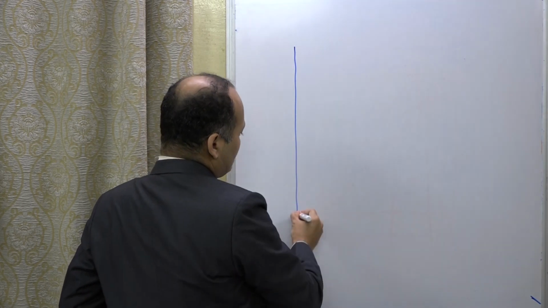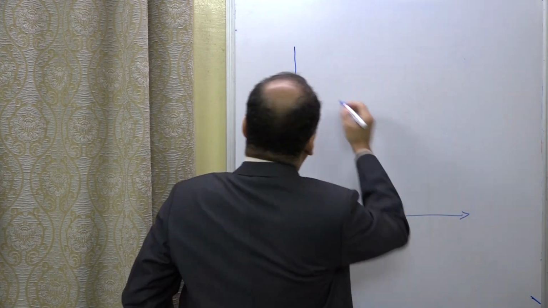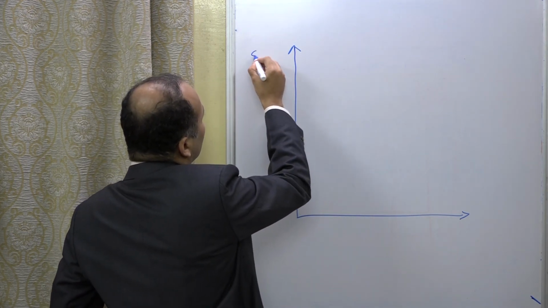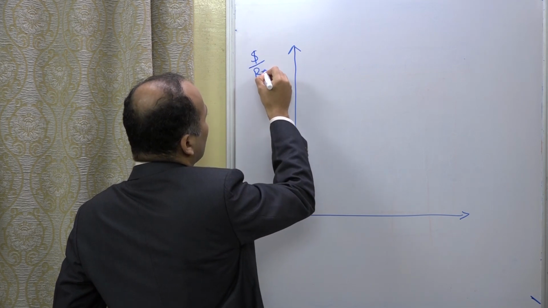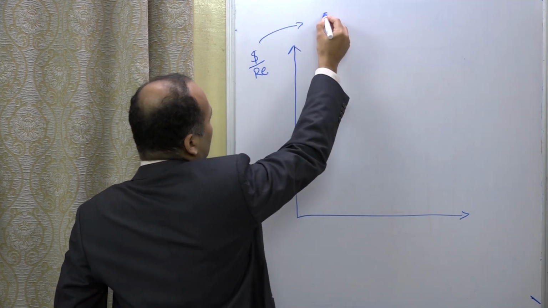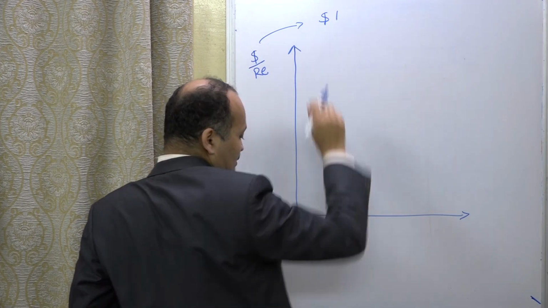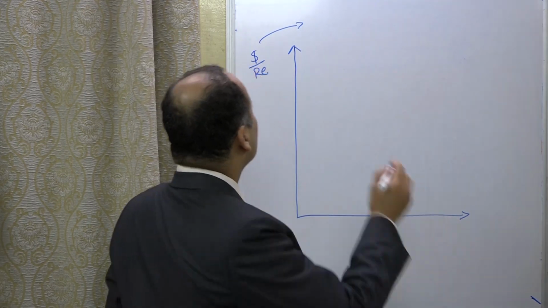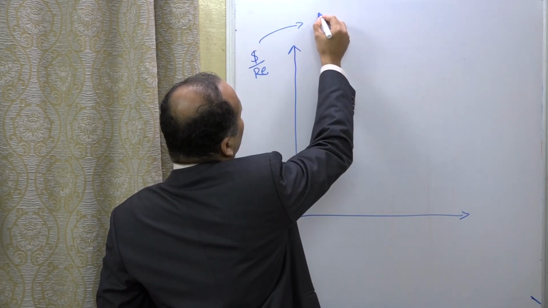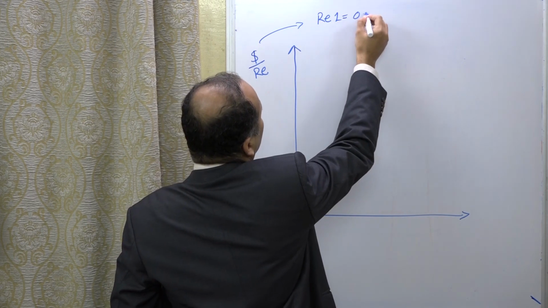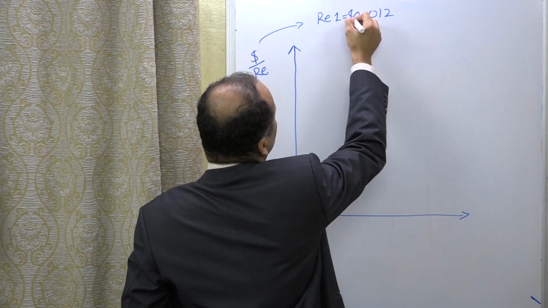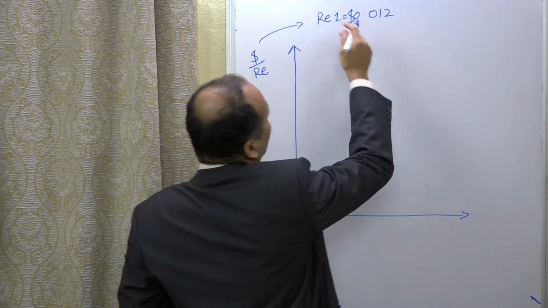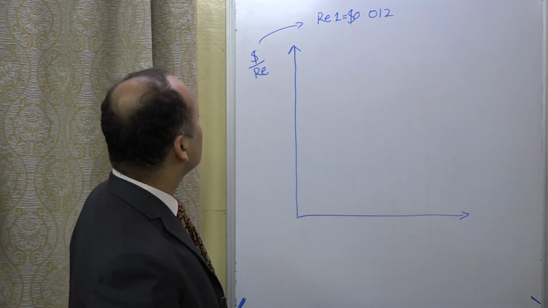If I present it graphically, here I am putting the number of units of dollars you can get per unit of rupee, which is in the form of rupee 1 equal to 0.012 dollars, and not in the form of 80 rupees equal to $1.